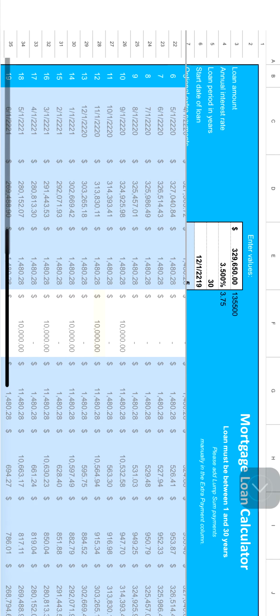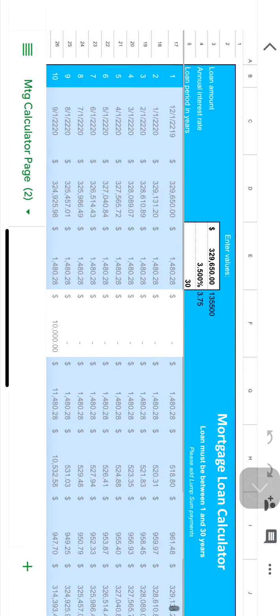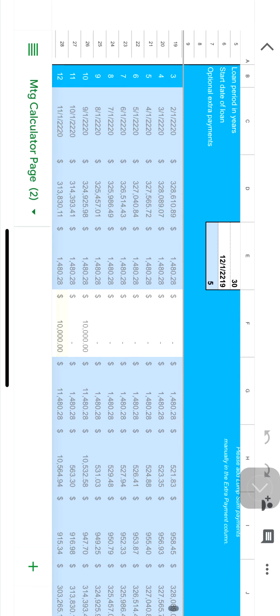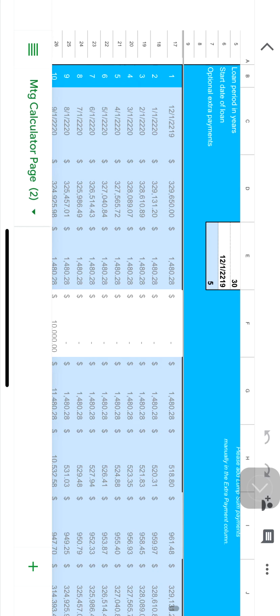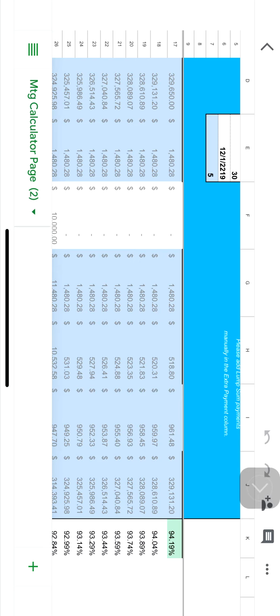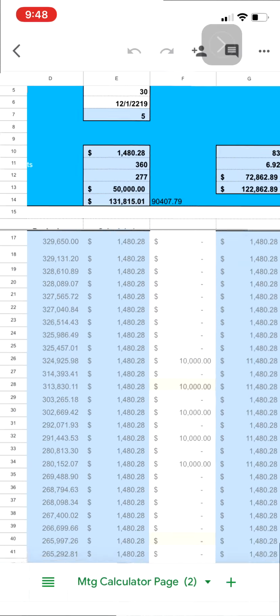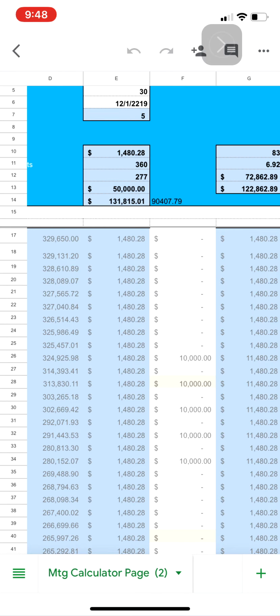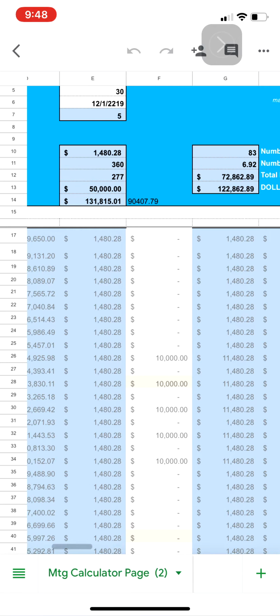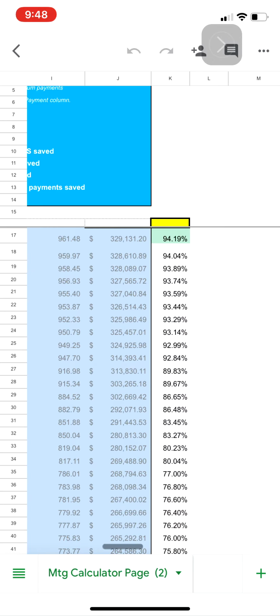You guys can't see it that well. So, okay, this calculator, and I inputted my mortgage in here, and this shows you pretty well.